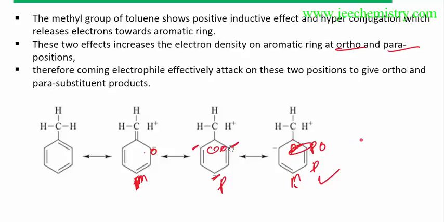Electrophiles are electron deficient, so they will attract electron rich atoms. The ortho position has more minus charge. Ortho and para positions are very susceptible to the attack of electrophile because they are electron rich due to hyperconjugation.